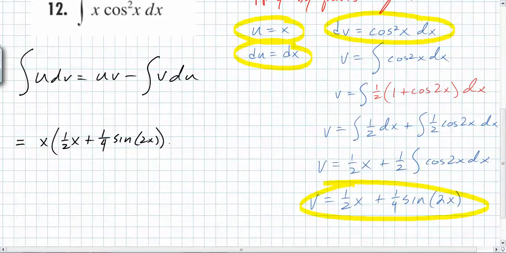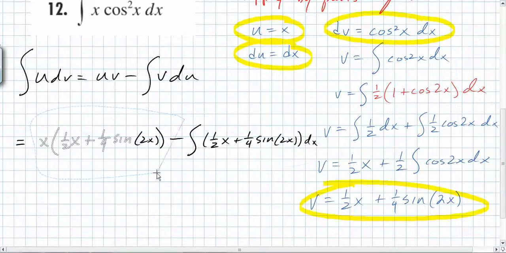So that's uv minus the integral of v, so that's 1/2 x plus 1/4 sine of 2x times what? du, which is exactly what we hope we would have, right?